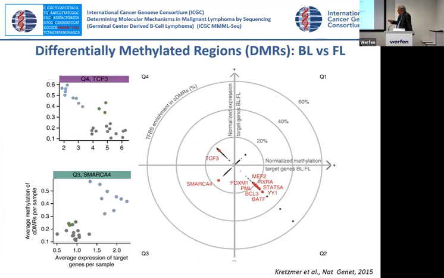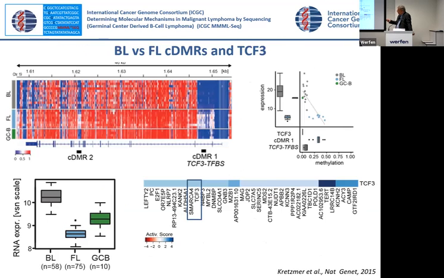The answer is yes. If you have a high TCF3 expression, then the target genes of TCF3 are demethylated. That means that the TCF3 footprints across the genome are switched on. It's one of the highly significant genes, but even more, TCF3 regulates itself through differentially methylated regions within the gene.